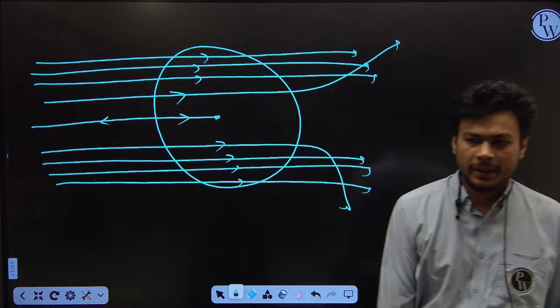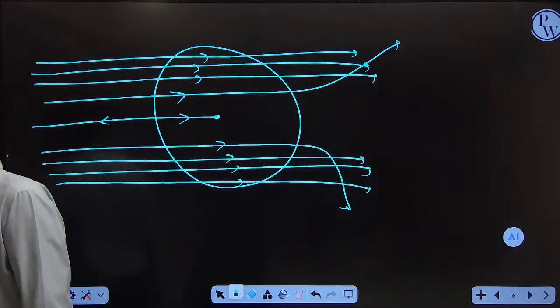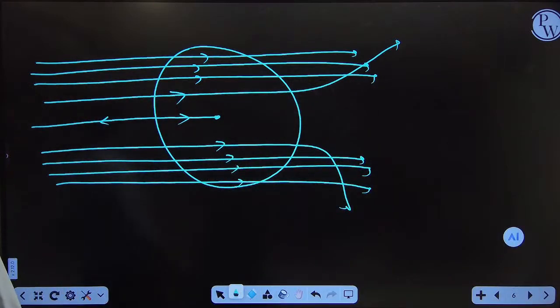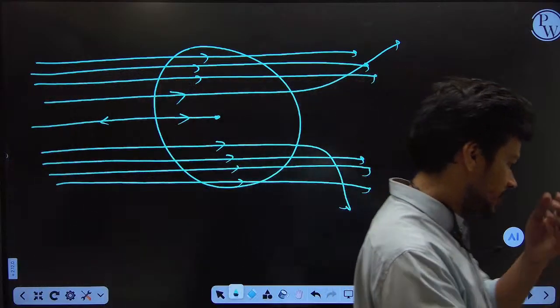This is what happens. So what can we first observe from this?